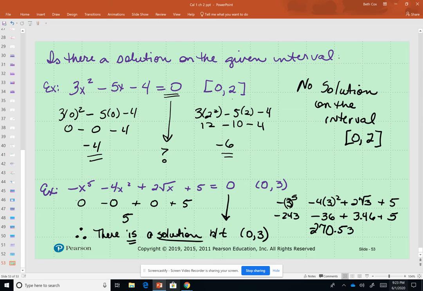So there is a solution because 0 is between the two answers. There we go. So that's the intermediate value theorem. Okay, I hope that helps. I am going to stop this video and we will start talking about 2-1 very shortly.